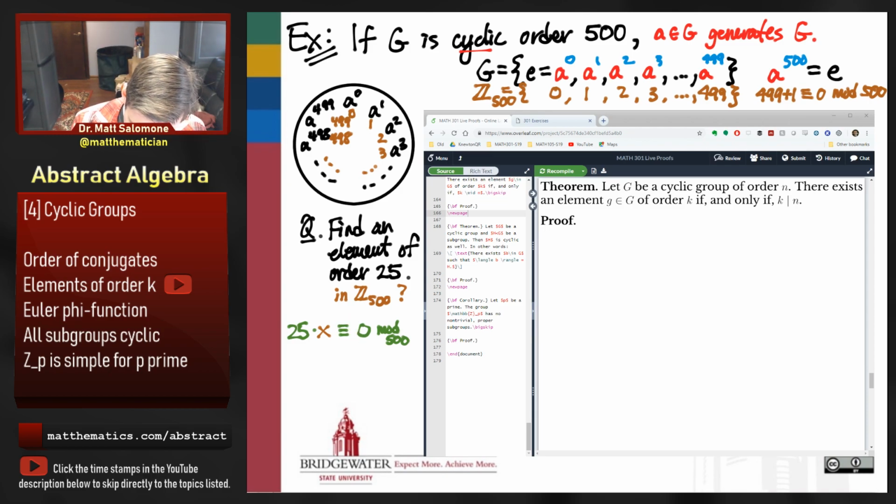Well, we can at least get one solution just by doing x equals 500 divided by 25 as integers. 500 divided by 25 is 20. And so, of course, we can check that 20 times 25 does indeed give me 0 mod 500, because it gives me as an integer 500.